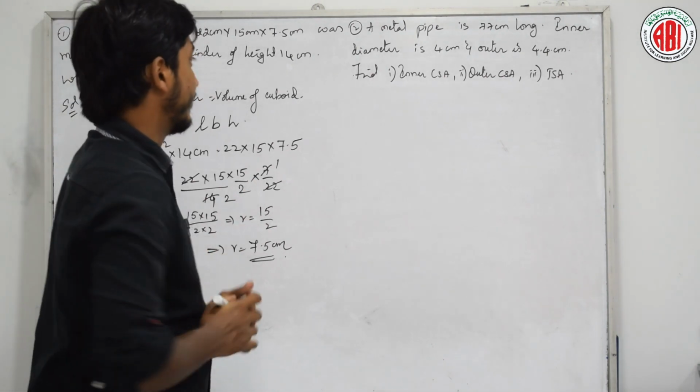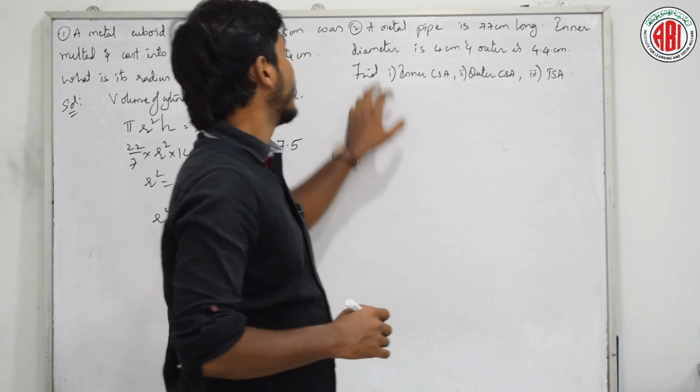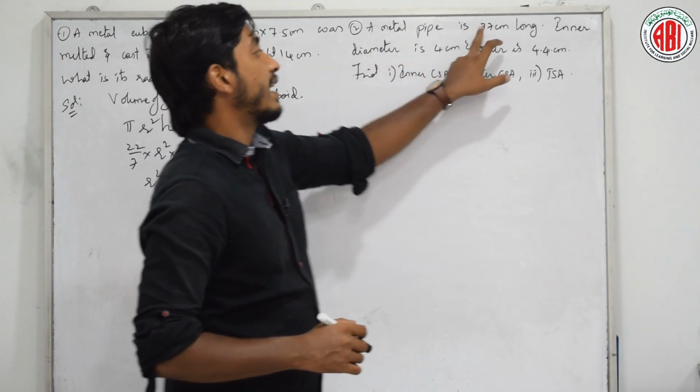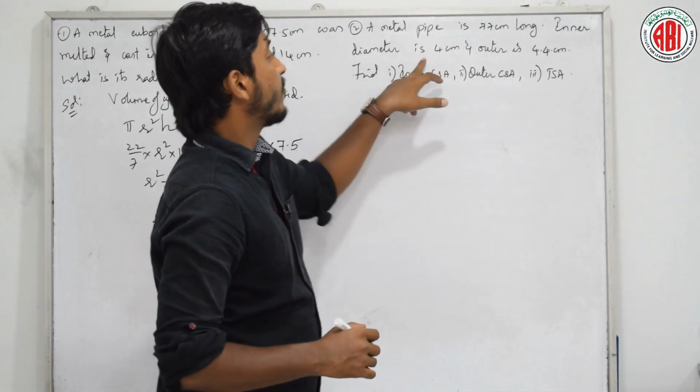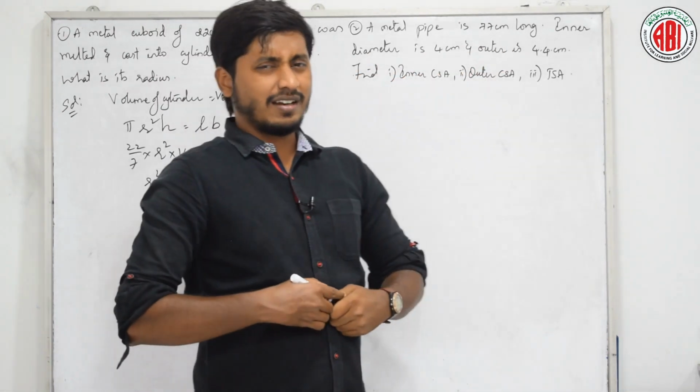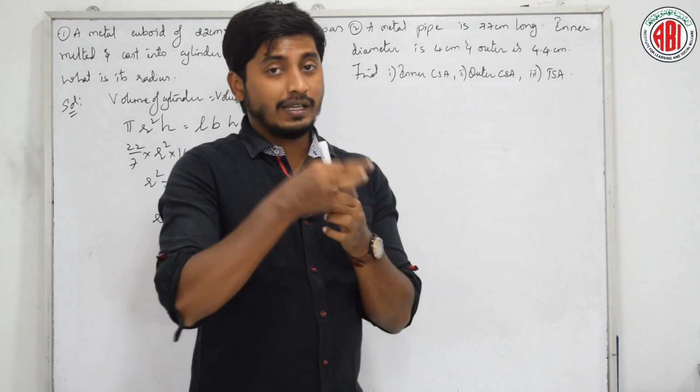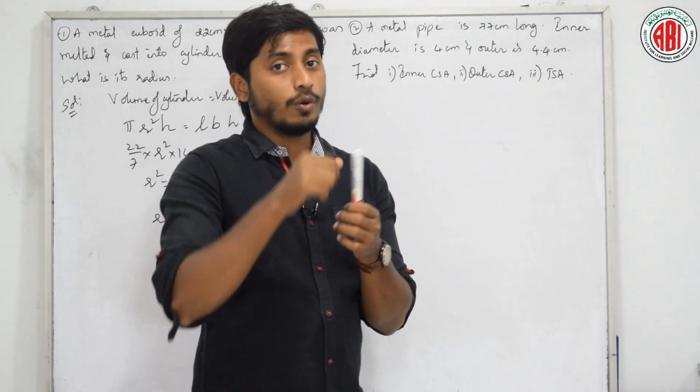Nice. See the second question. A metal pipe is 77 centimeter long. Inner diameter is 4, outer is 4.4. Did you ever see a pipe? How does it look? It is completely open inside.